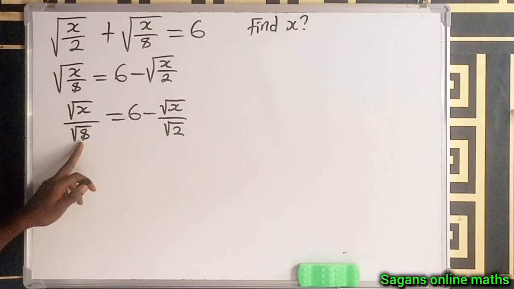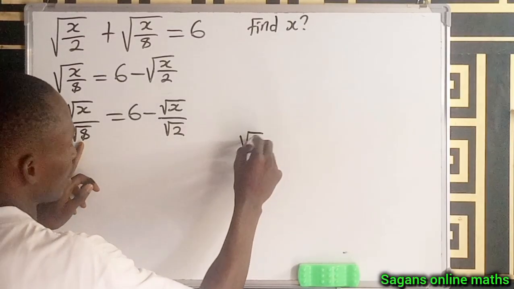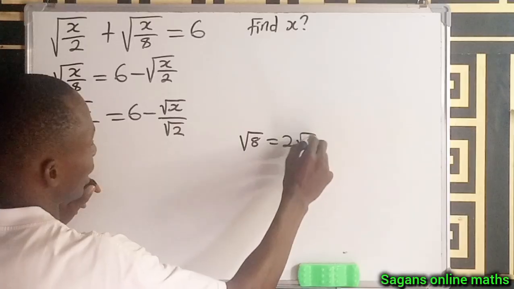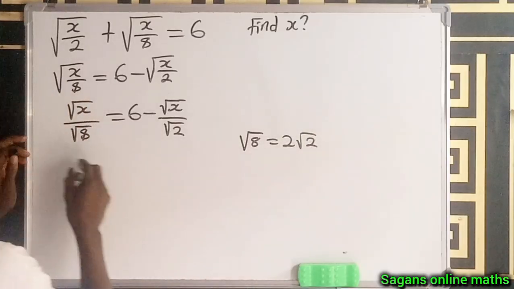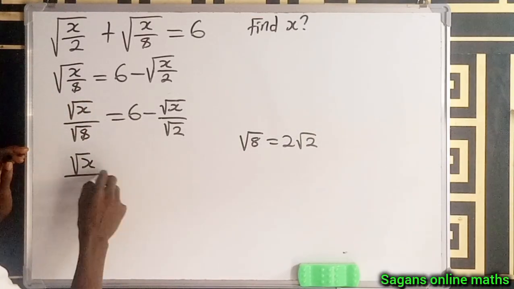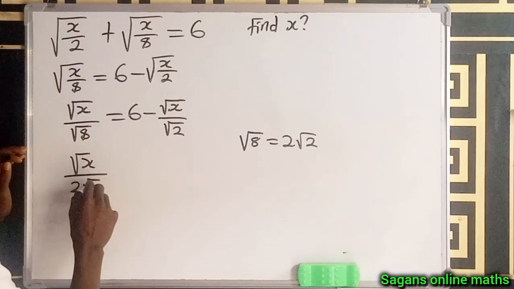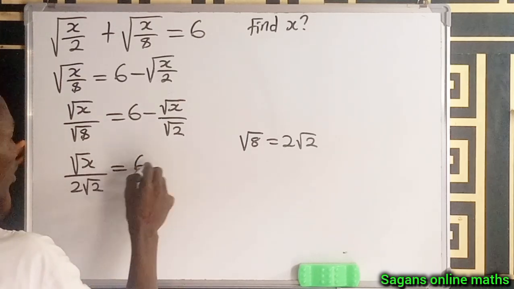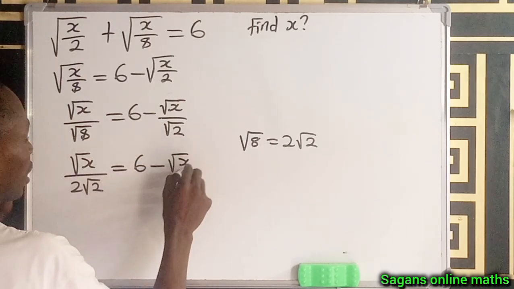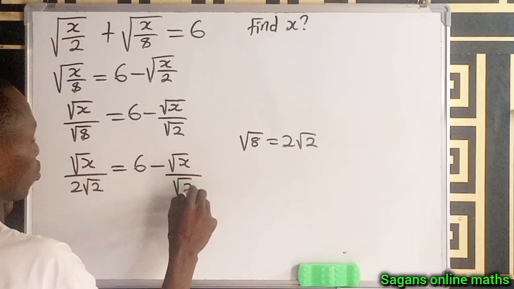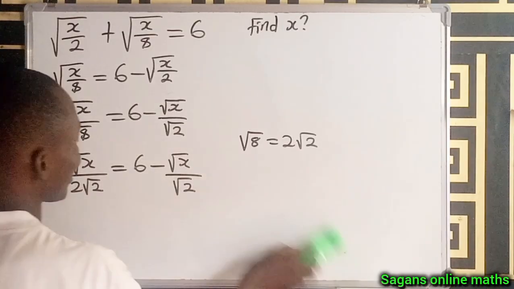If I simplify root 8, remember that root 8 is equal to 2 root 2, to the lowest term. So this is root x divided by 2 root 2 is equal to 6 minus root x divided by root 2. Wow, it's amazing.